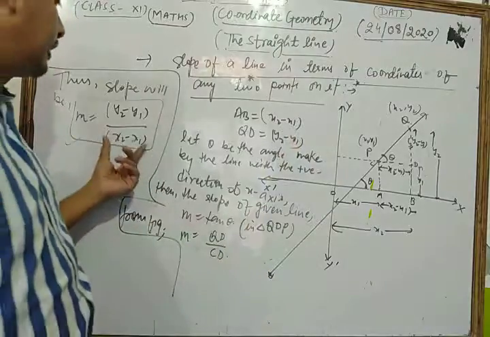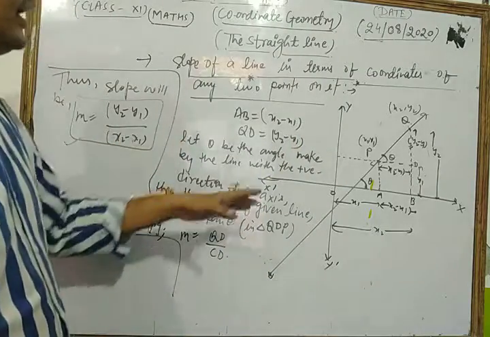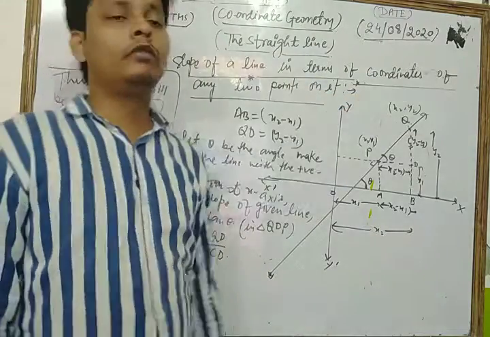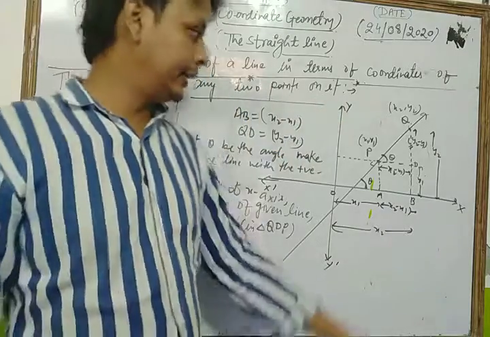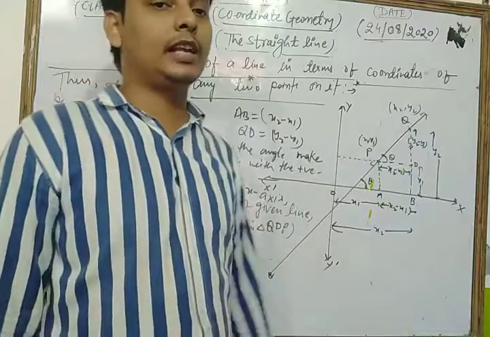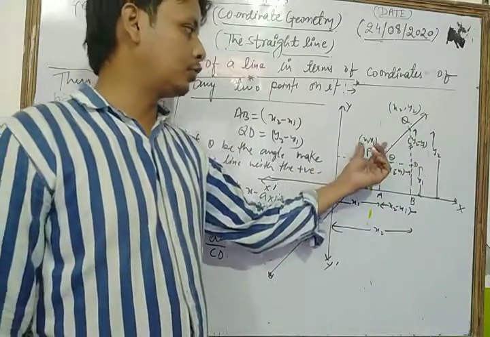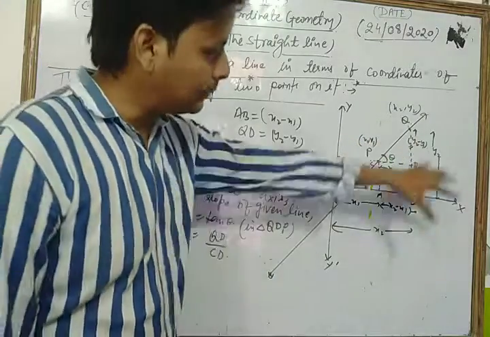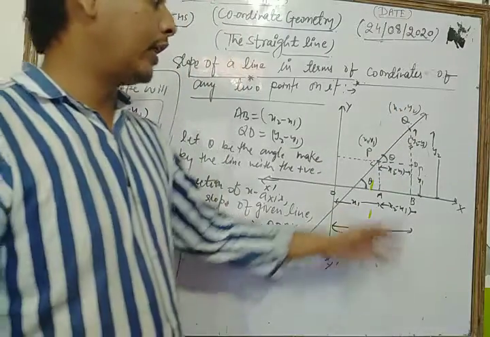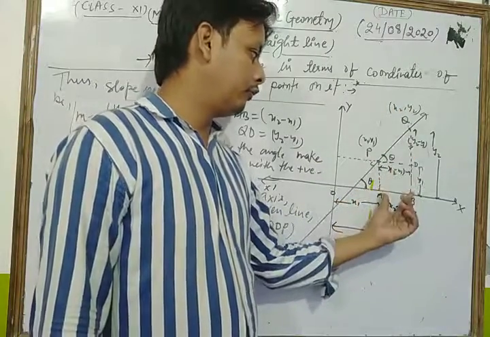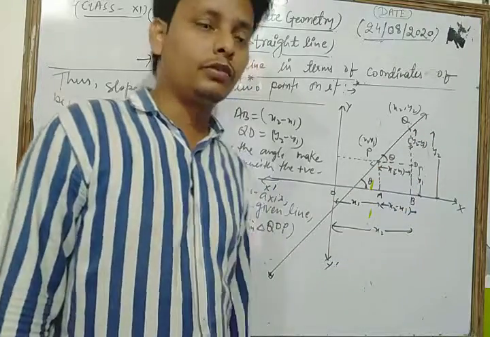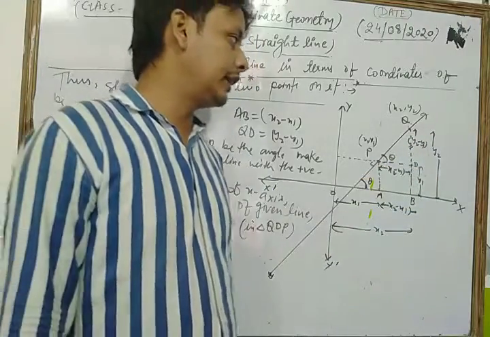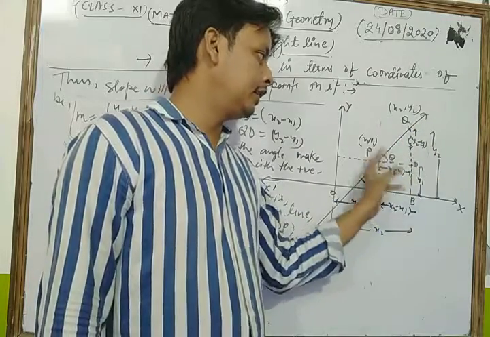So in this way, by the help of this formula, we find the slope of a given line in terms of coordinates when any 2 points on it are given. We take P and Q as any 2 points lying on the line having coordinates x1, y1 and x2, y2, and by the help of that diagram we find the values of AB, CD and QD, and hence we apply the tangent rule in triangle QDP.